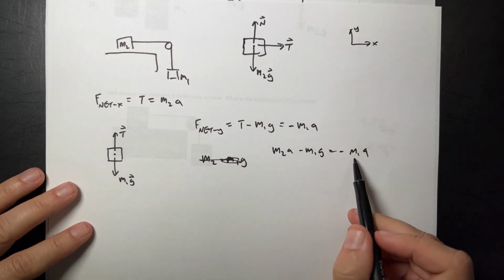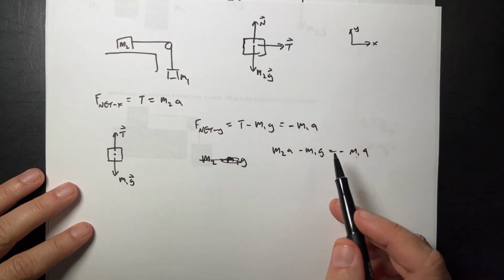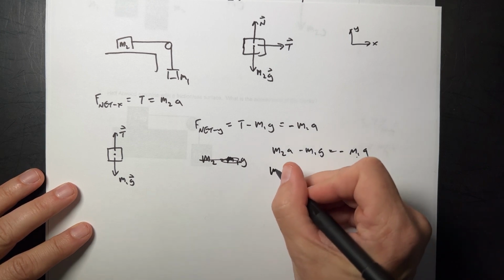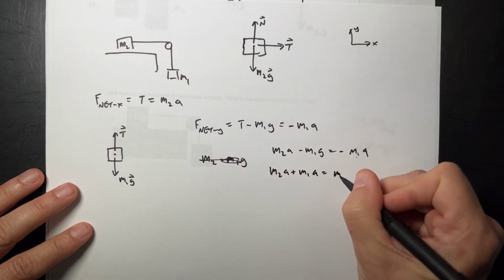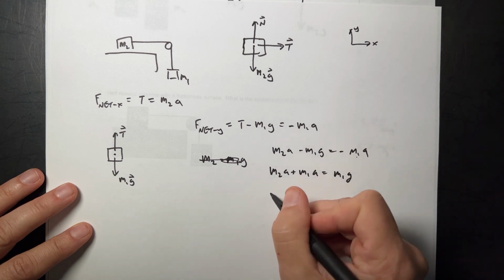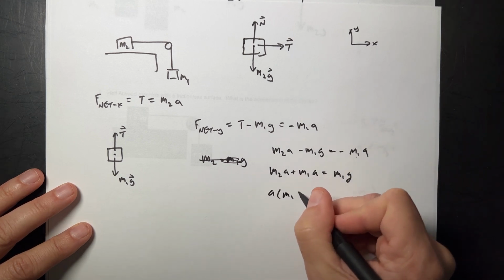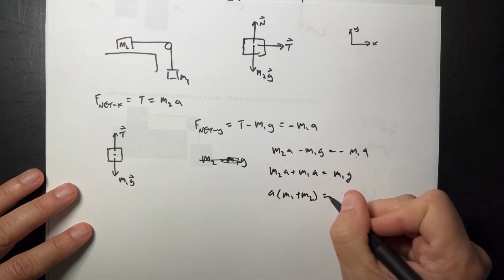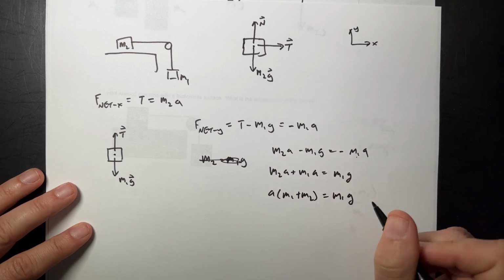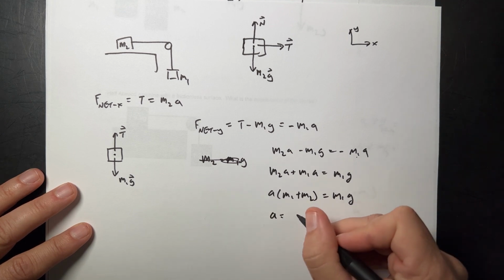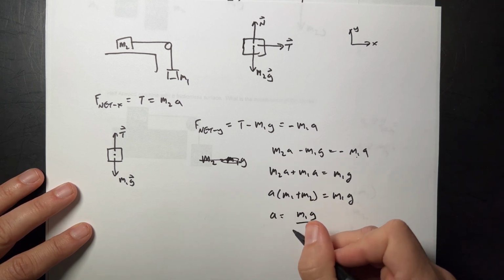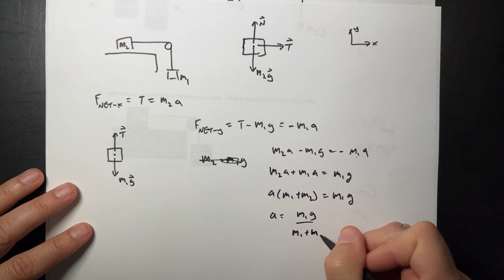And I'm going to add m1g to both sides. I get m2a plus m1a equals m1g. Factor out the a: (m1 plus m2) a equals m1g. And then I'm going to divide both sides by (m1 plus m2). A equals m1g over m1 plus m2.